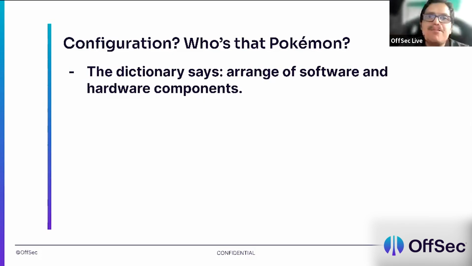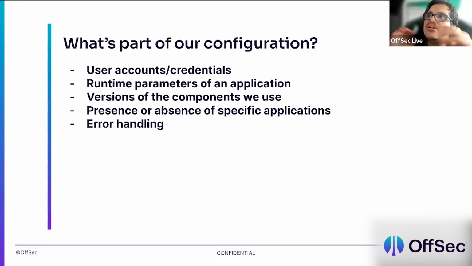So there are many places in our configuration where we could make mistakes that could lead to security problems. So what's part of a configuration? Basically everything. User accounts are part of a configuration.